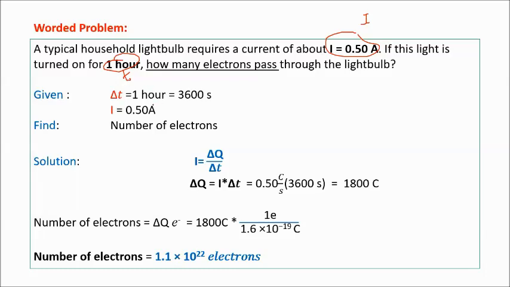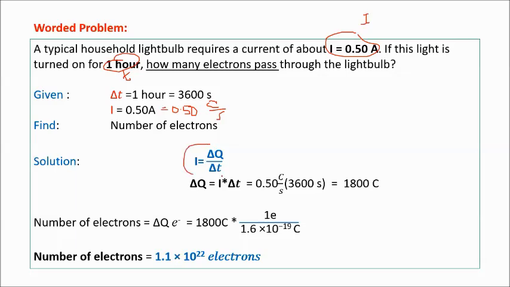So t, therefore, is 1 hour; convert that to seconds. Why do we need to convert from hours to seconds? Because the unit of I, or electric current, is equivalent to 0.50 coulomb per second. So the units should be consistent. And we are going to find the number of electrons.